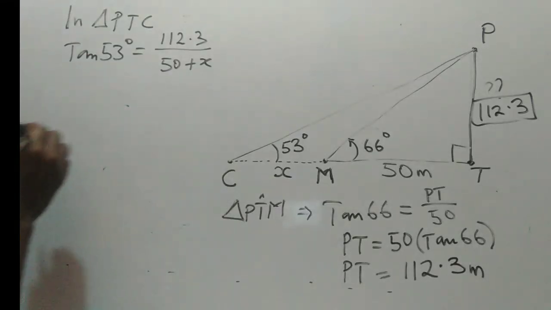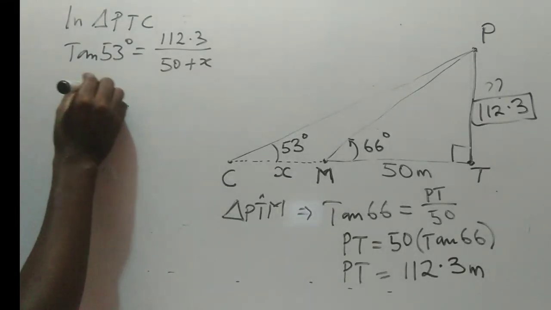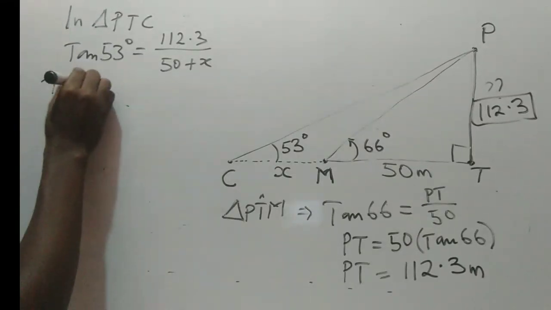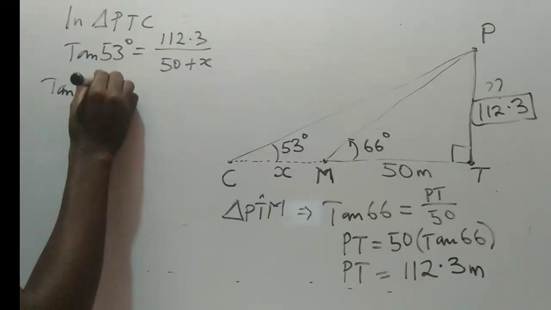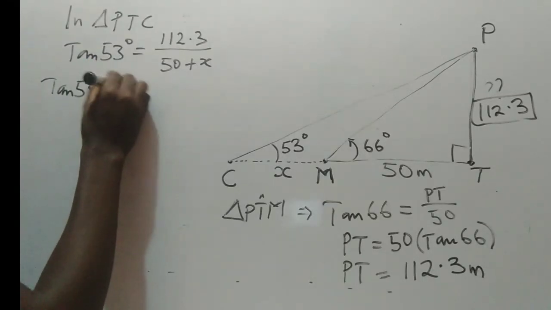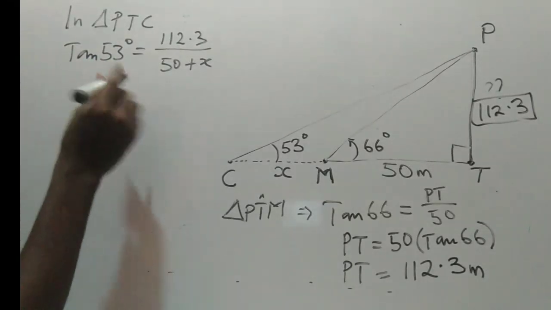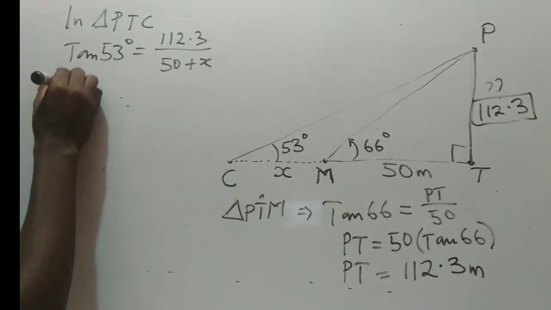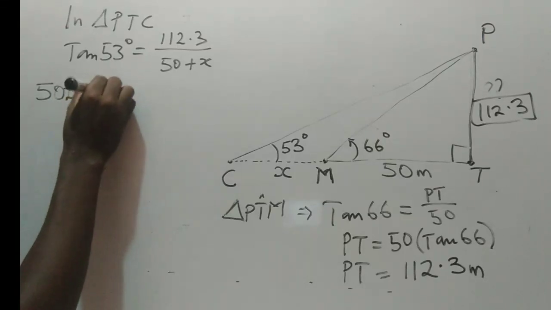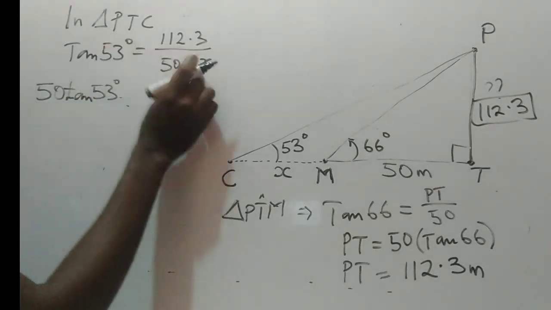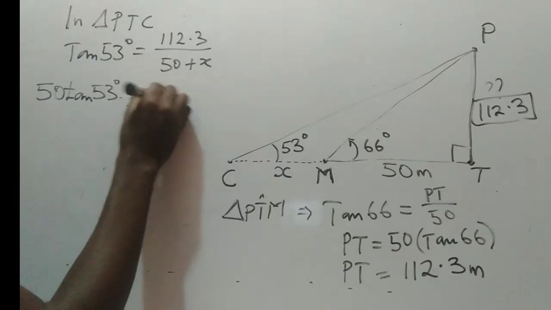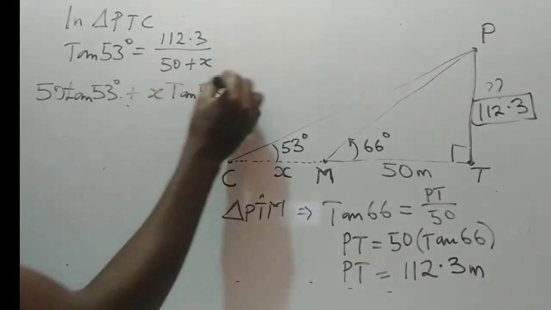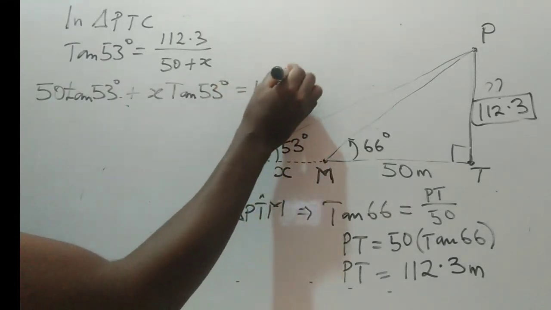And then when you cross multiply here, we are going to have tan 53 times 50 plus x. Let me just multiply it at once. So that will give me 50 tan 53 degrees plus x tan 53 degrees equal to 112.3.